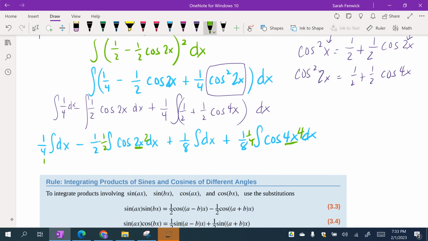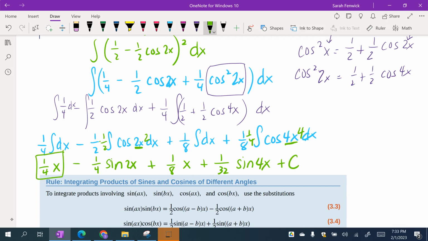So 1/4 x minus 1/4, the integral of cosine is sine 2x, plus 1/8 x plus 1/32 sine 4x plus c.